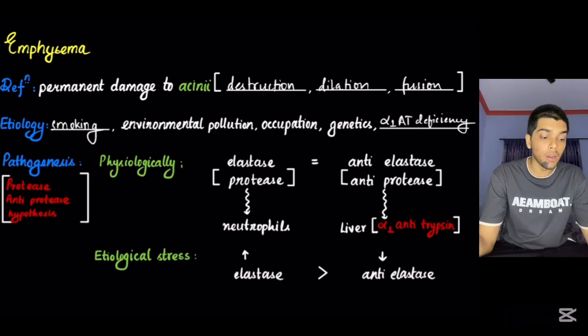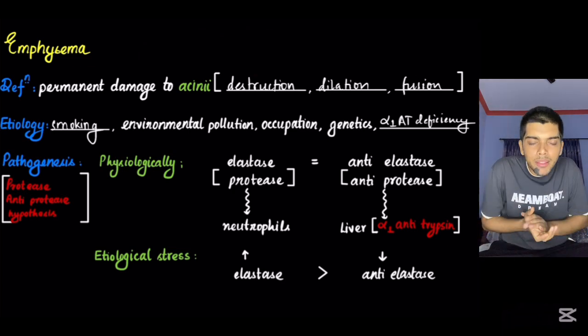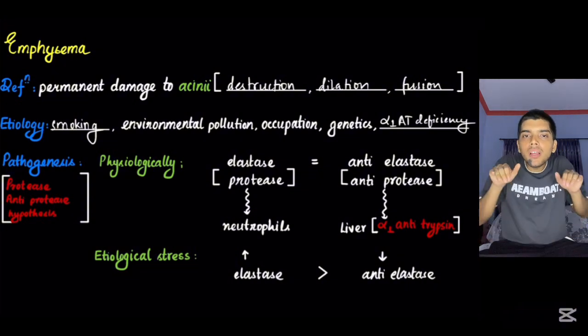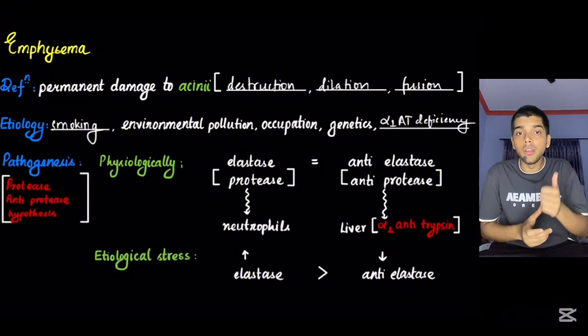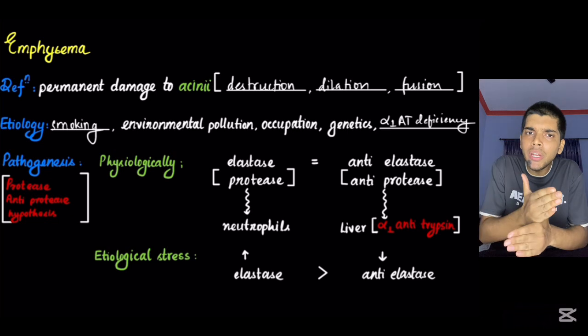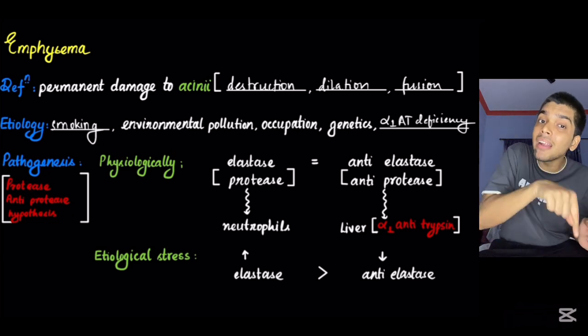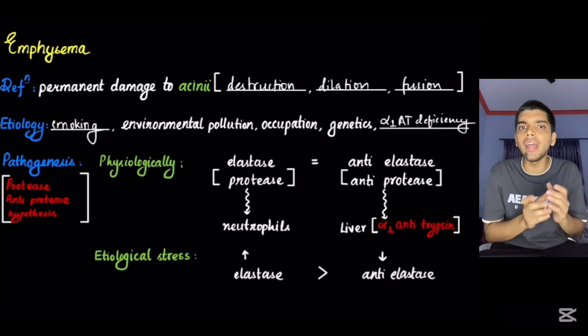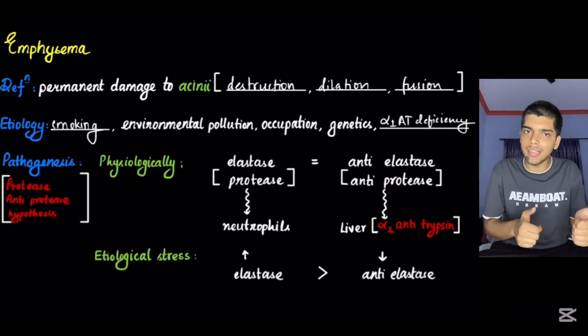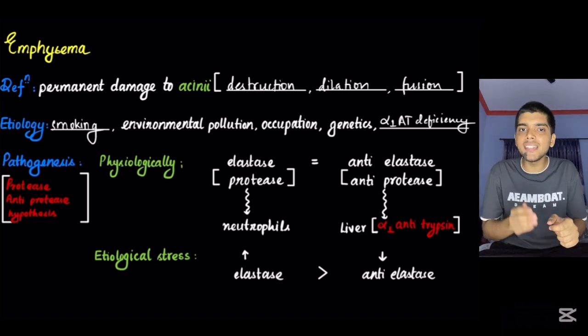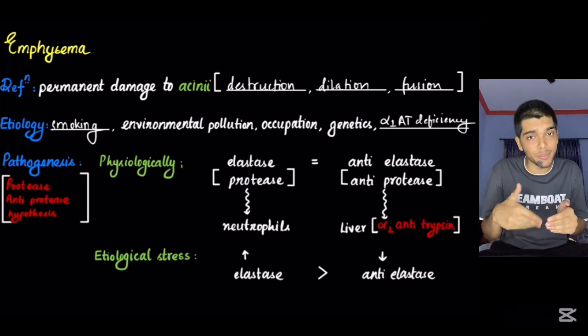Okay. Now, let's get into the hypothesis. There are two types of proteins circulating in your blood. Number one, protein that breaks down elastic fiber, or elastase, and protein that prevents the breakdown of this elastic fiber, or anti-elastase. Since elastase is breaking down elastic protein, it is protease.